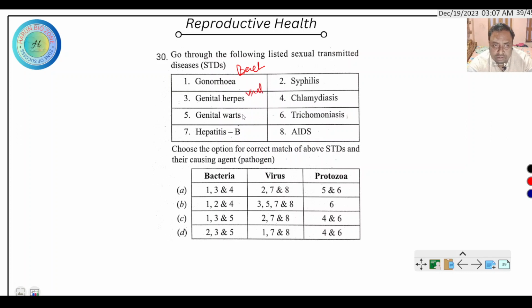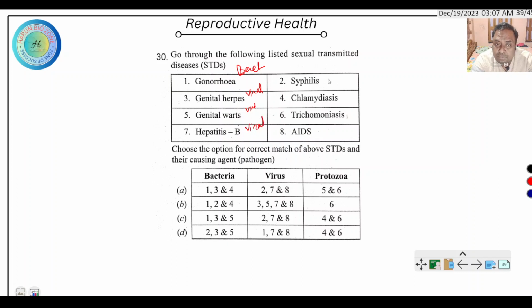Genital warts, human papilloma virus, is also a viral disease. Hepatitis B, hepatitis B virus, sorry, this is also a viral disease.